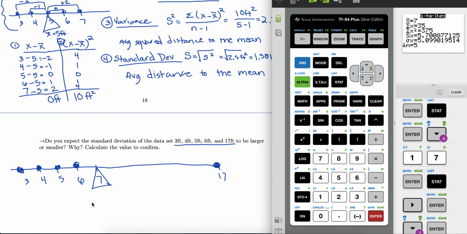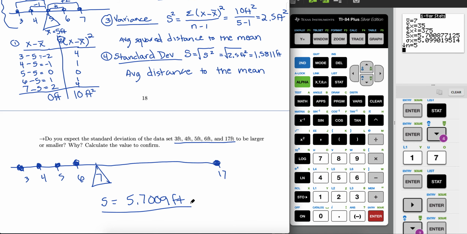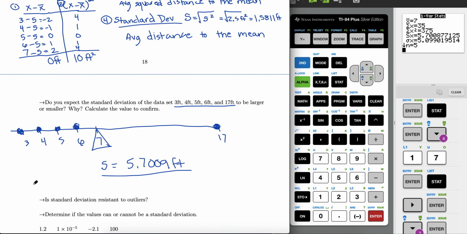Let me write that down over here. S equals 5.7009 feet. Okay, and if you want to make a few notes to yourself about how we did that on the calculator, go for it. It's under Stat and then Edit to enter your data.